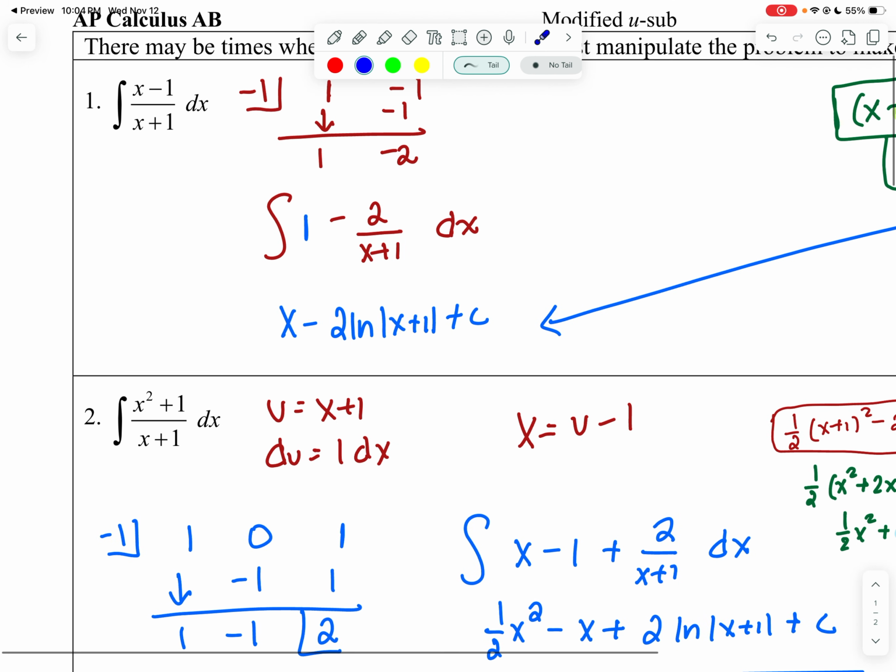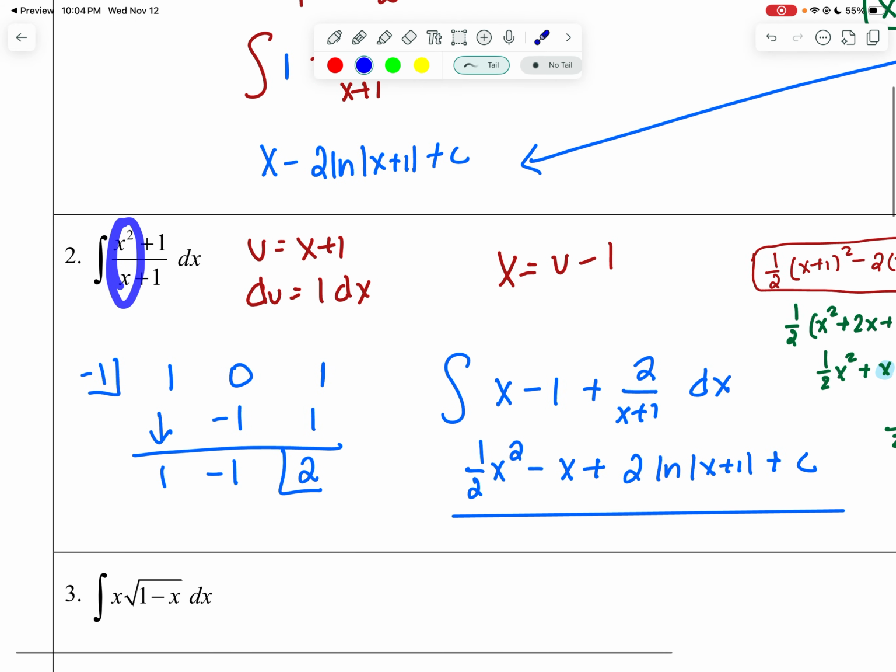To figure out if you could simplify it, your numerator must have a degree that is greater than or equal to the denominator. In this case, this one was 1 and 1, so I could have used division there. This one here, we had 2 and 1, so that's great.